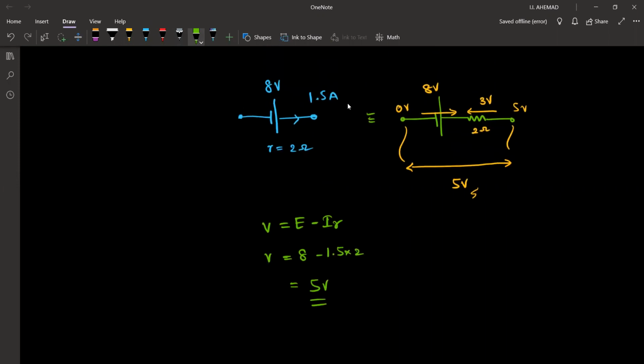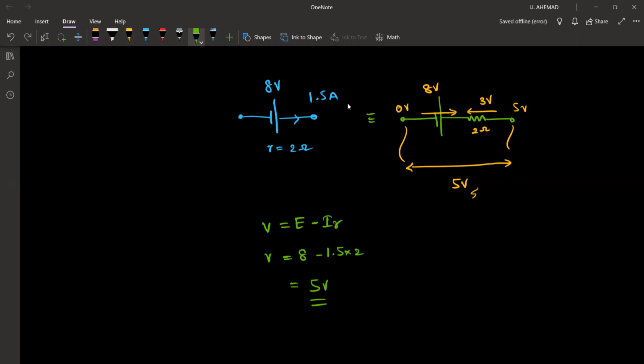So here what is happening when the current is in the direction of the battery, then the potential increases due to the battery. Again, the potential drops across the internal resistance.